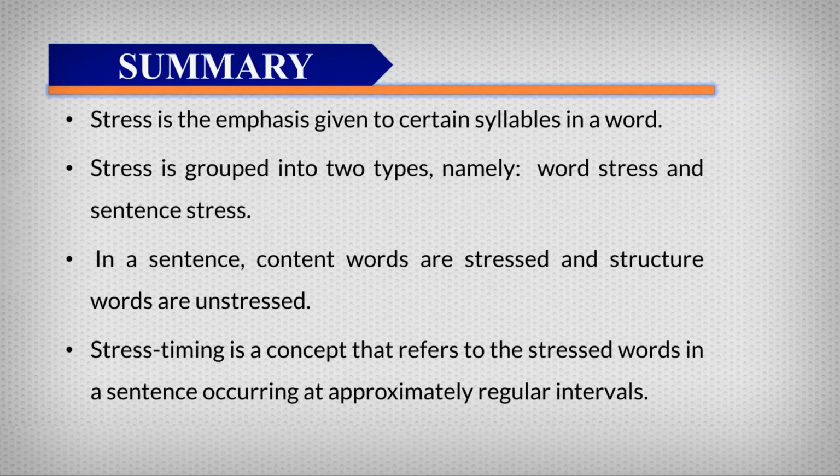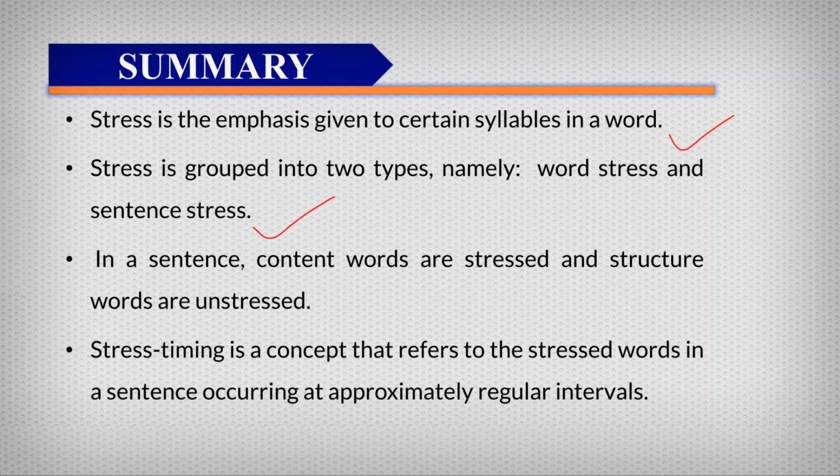But before we go, let's take a quick summary of all we've learned so far. We learned that stress is the emphasis given to certain syllables in a word. We also learned that stress is grouped into 2 types, namely word stress and sentence stress.